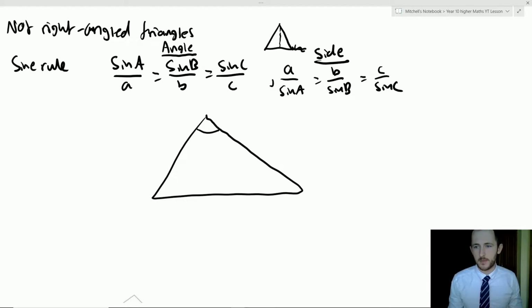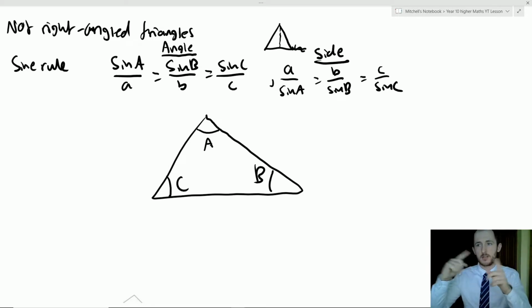So I can label this one A, this one B, this one C. You might think, what's the point in labeling them? I'm going to show you a bit later on. I would always recommend using the letters A and B and just writing them as the sides or angles that you have. Now, what does matter is where you put the lowercase letters A, B, and C.